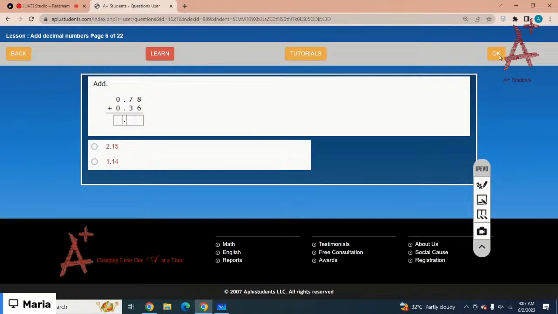Write 4 and carry 1. So the correct option is 1.14. Got it? The second option is the correct one. That would be 1.14.